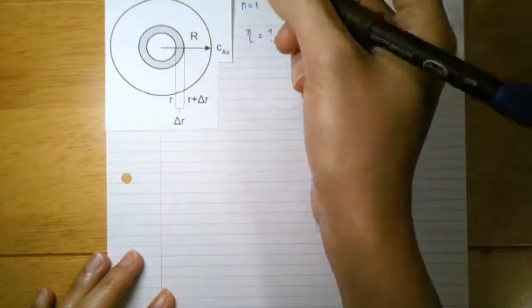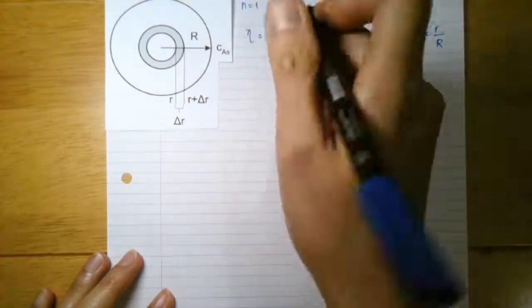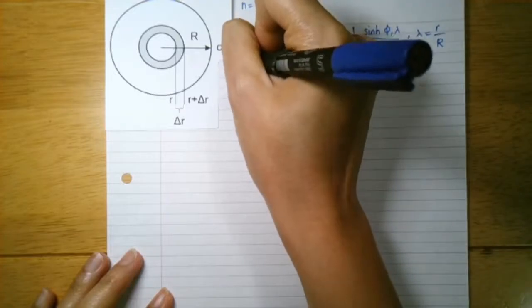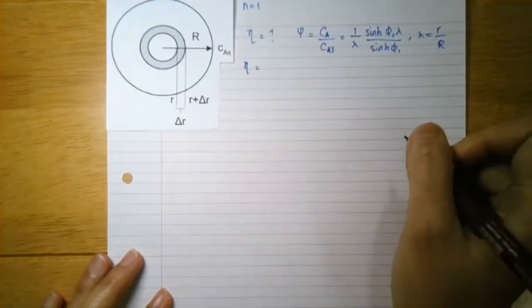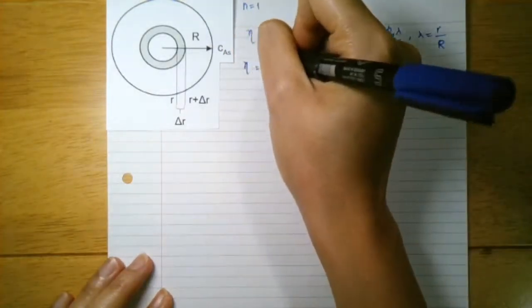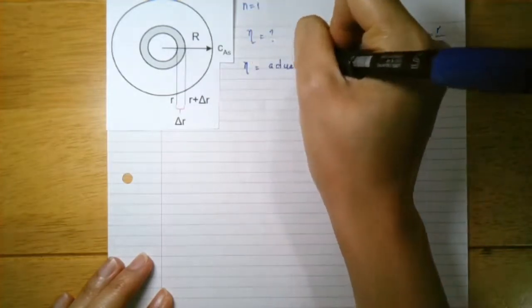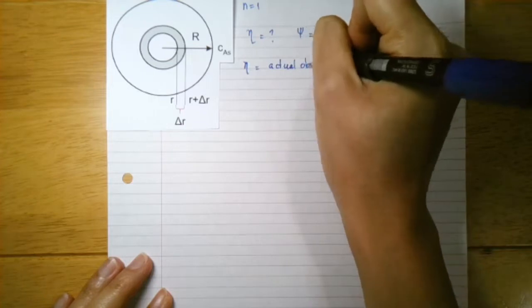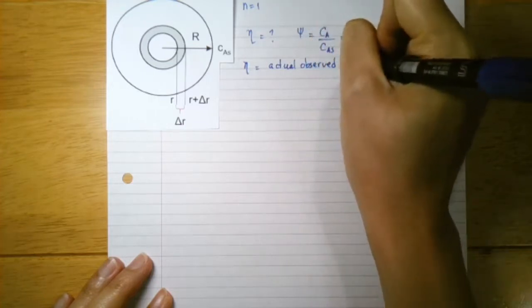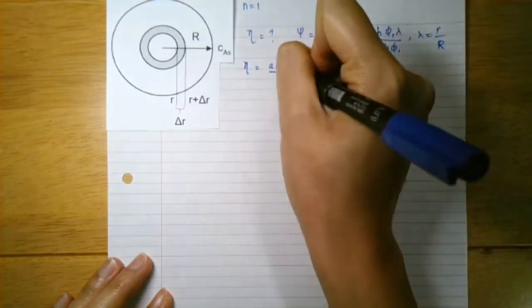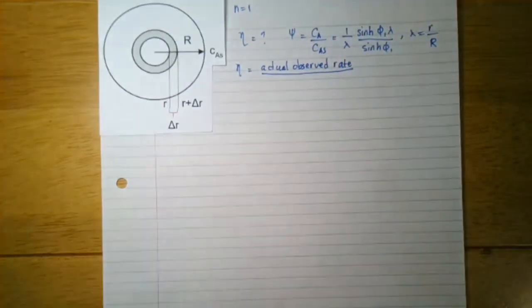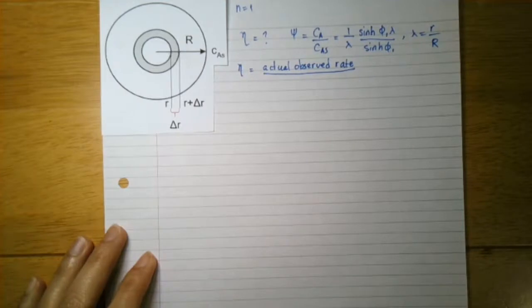Okay, so what is the definition of the effectiveness factor? So we define this to be the ratio between the actual observed rate and the maximum reaction rate.